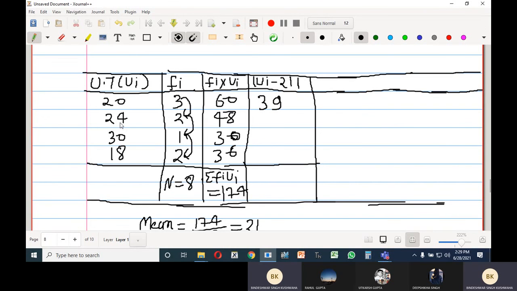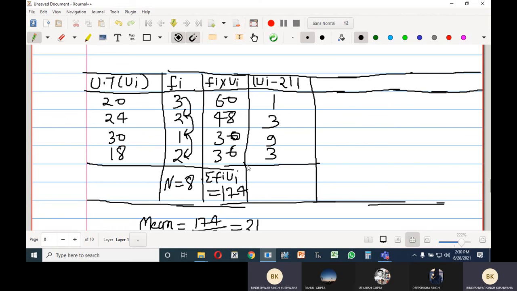Thereafter here, sorry, not this one, you will calculate Ui minus 21. It means here you will get 1. Here, from here you will get 1, 3, 9 and 3.